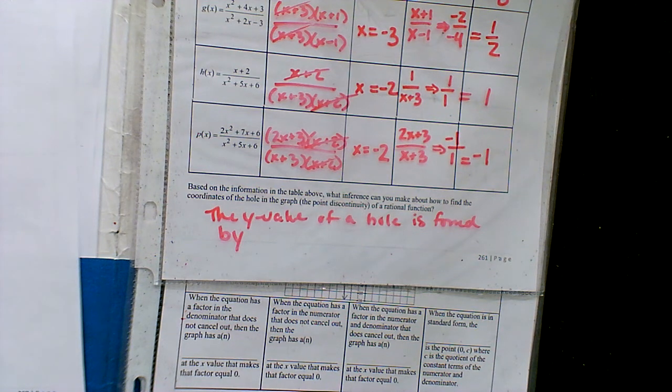How can we find the y value of a hole from an equation? We use the graph to kind of check our work, but how did we find it from an equation? Can you describe it?